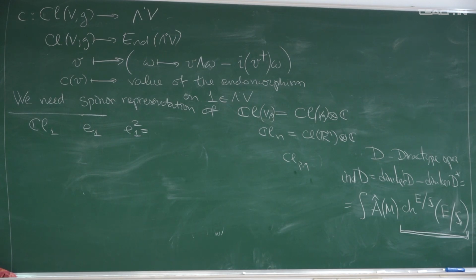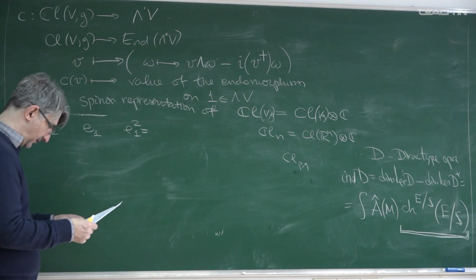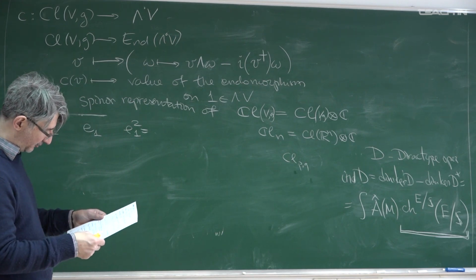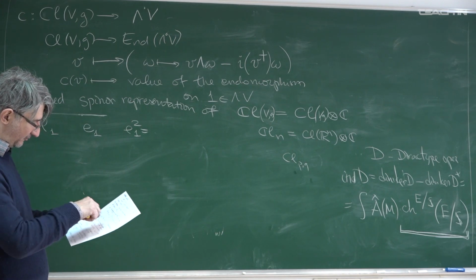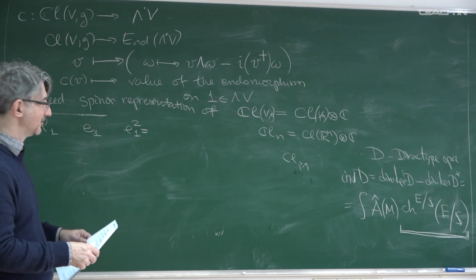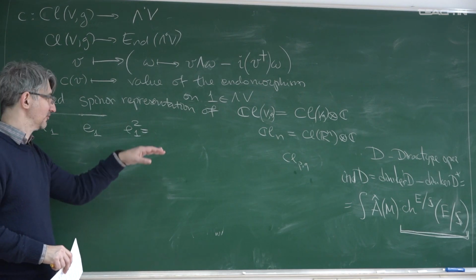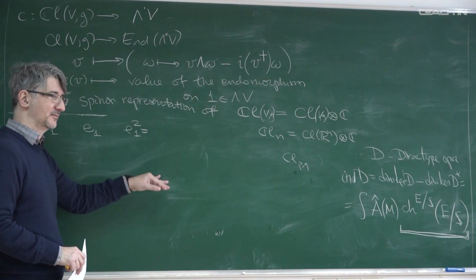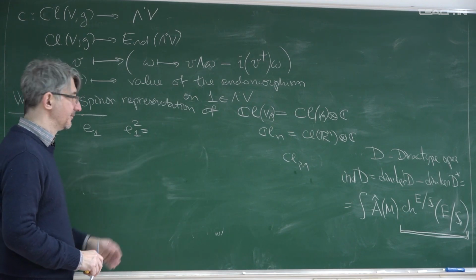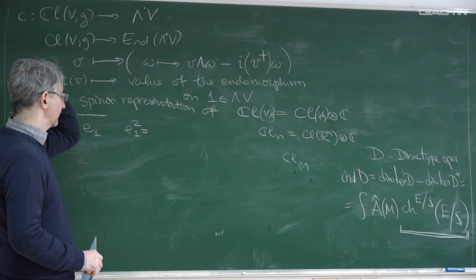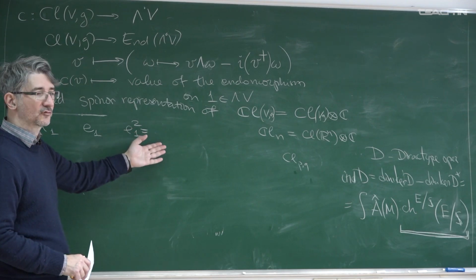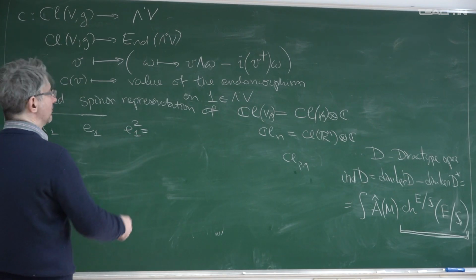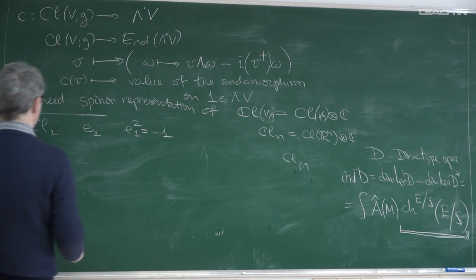It doesn't matter; over complex numbers, they are the same. Just make a choice, because when I make a choice, I make a mistake in the calculations after that. So we need to choose something, and then we proceed with the formulas. +1 or -1? -1. Okay. Very good.